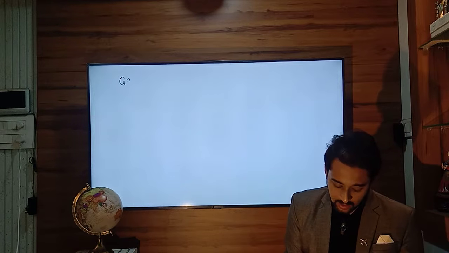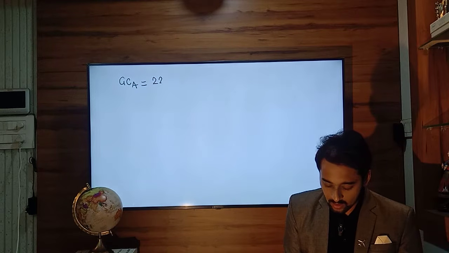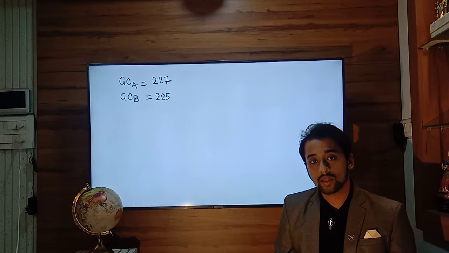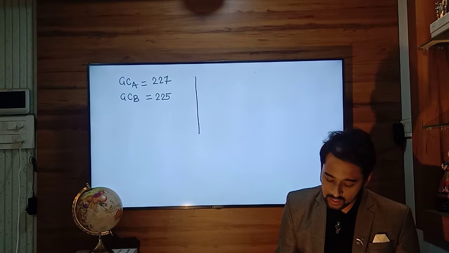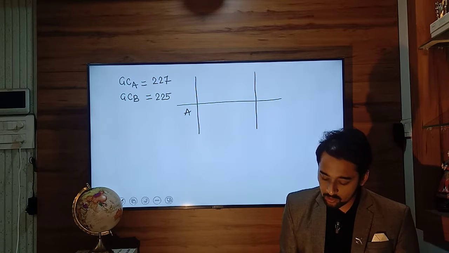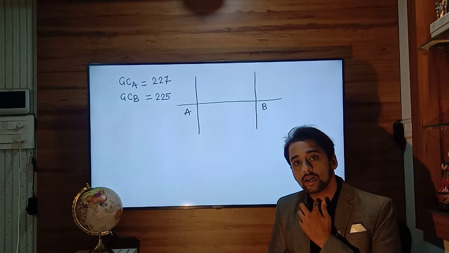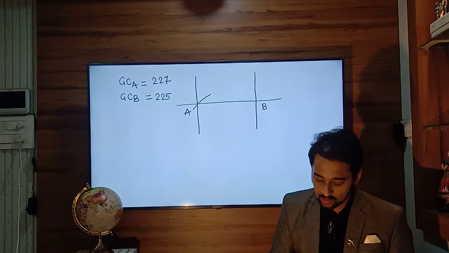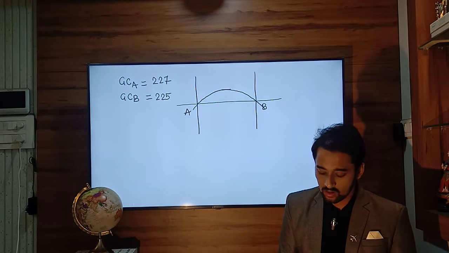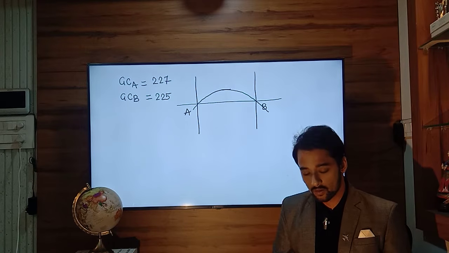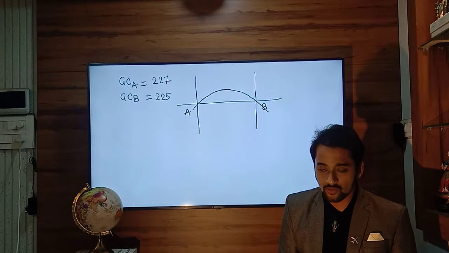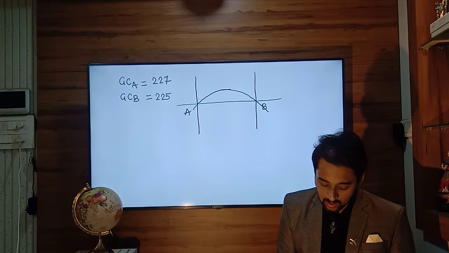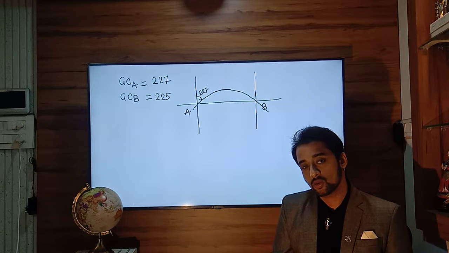Great circle at A is 227, great circle at B is 225. Let's say we are in the northern hemisphere for the sake of this example, going from A to B. Let's say the great circle at A is 227.